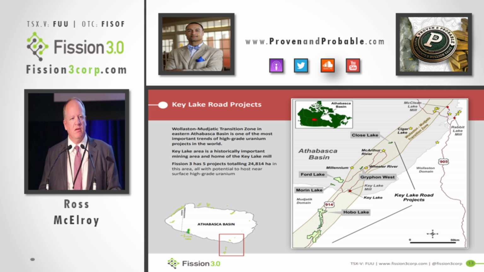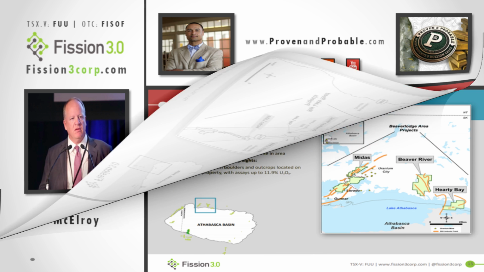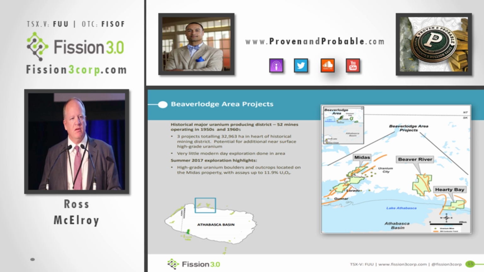We think there's lots of opportunities in and around land in that area to make a new discovery. And probably third for us is the land package up in the northwest side of the basin, in the old Uranium City Beaver Lodge district, where uranium mining in Saskatchewan first got started back in the 1950s and was a going concern in the 50s and the 60s.